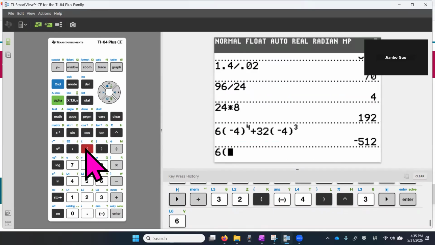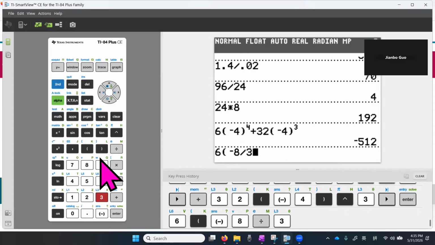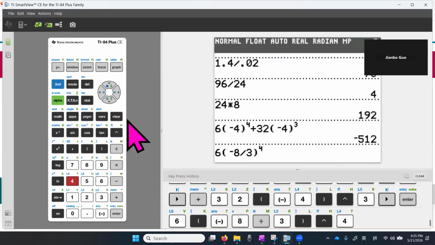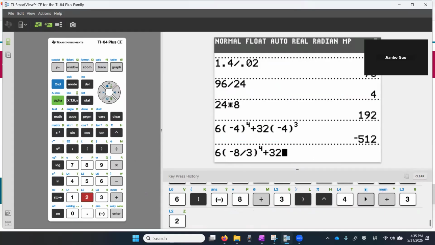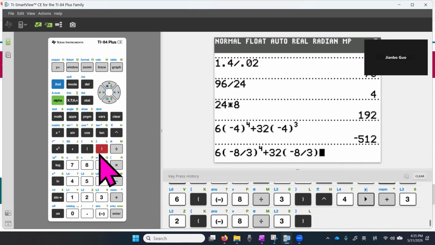6 times negative a over 3 to the power of 4, plus 32 times negative a over 3 to the power of 3.